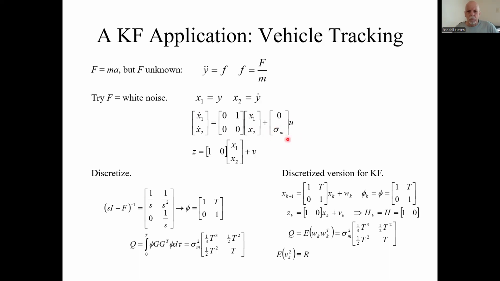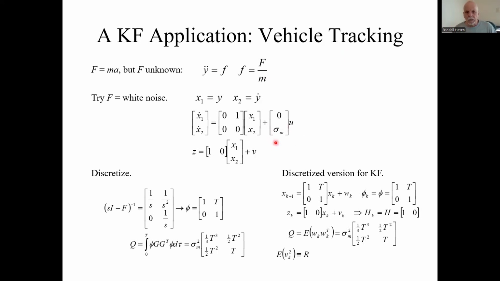And this sigma sub m, we really don't know it. It's the variance of this input, but we could take a guess at it. And actually, if you're seeing this, I'm doing this video after I talked about the Singer paper. The Singer paper is all about vehicle tracking.